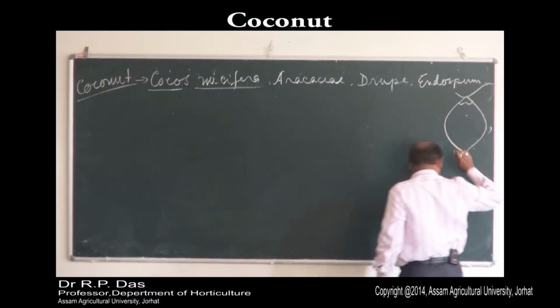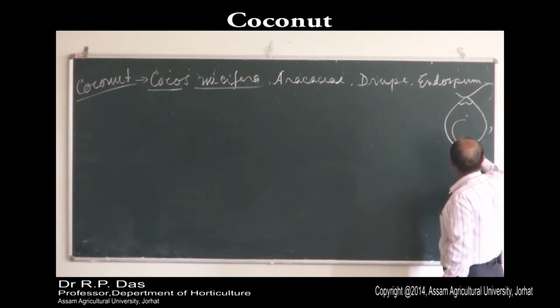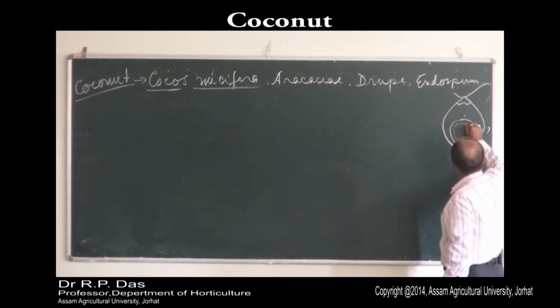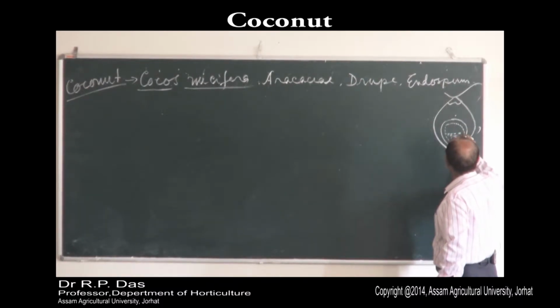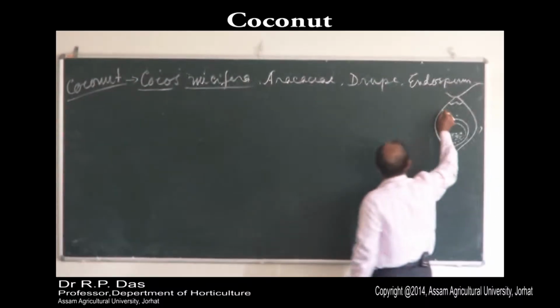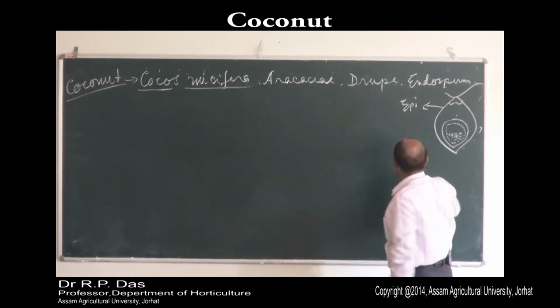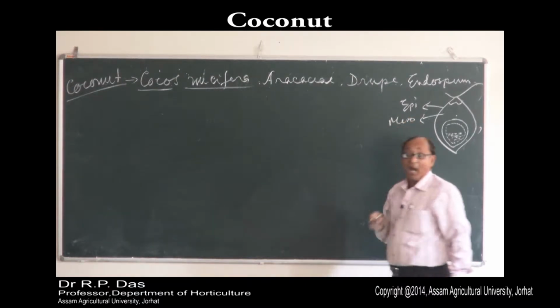then you will find there are three parts. And this is the endosperm portion, having some amount of water. So this is the epicarp, that is the skin; mesocarp, that is the husk.